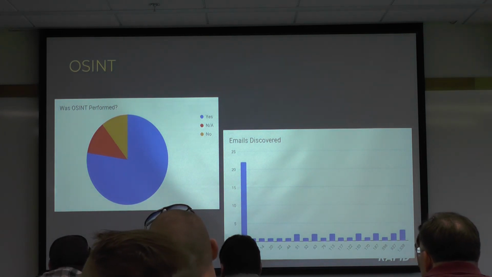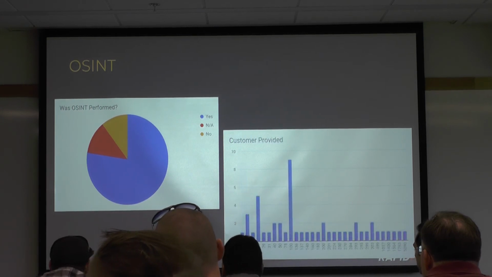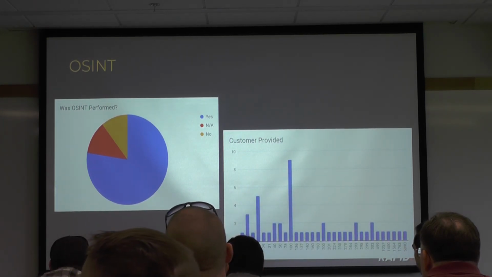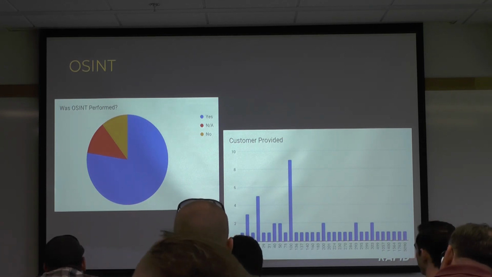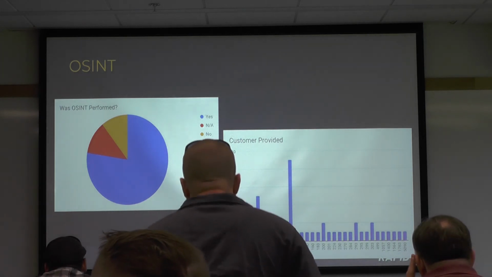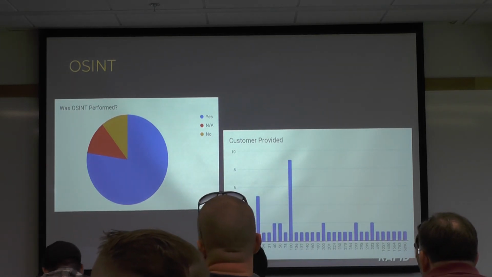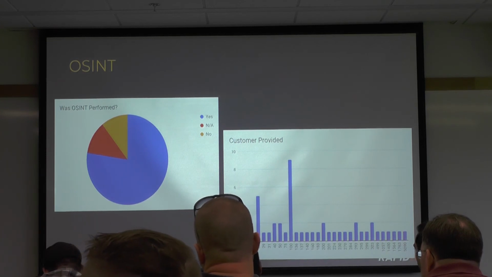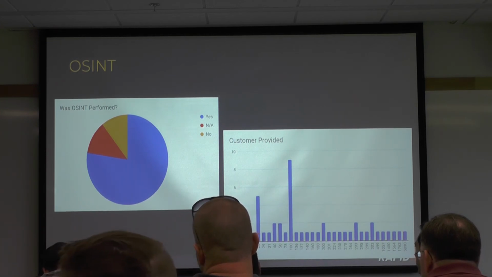That was really kind of weird. But when we looked into it a little farther, we found that 0 was really coming from the no's and the not applicables, because it was really customer provided data. So we're seeing that more customers were providing us our target lists for the ESE engagements than us discovering them.